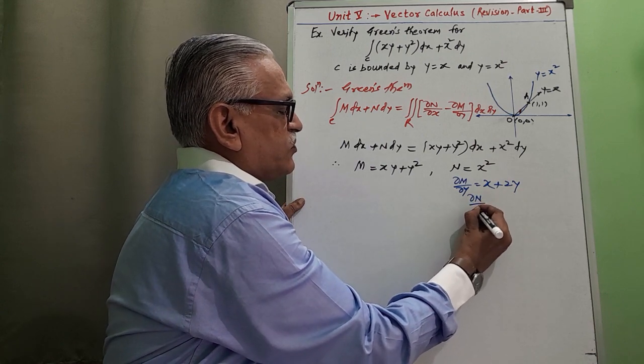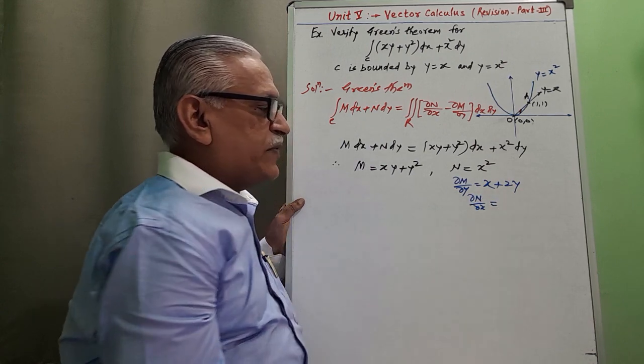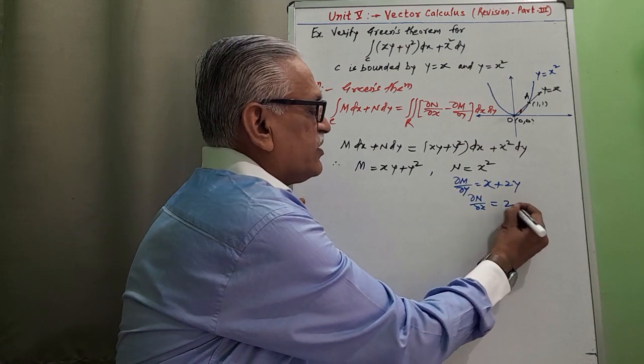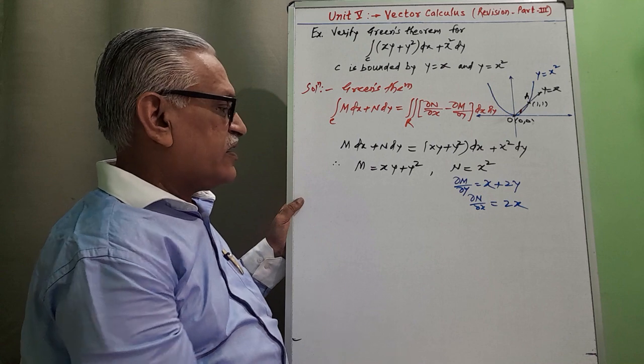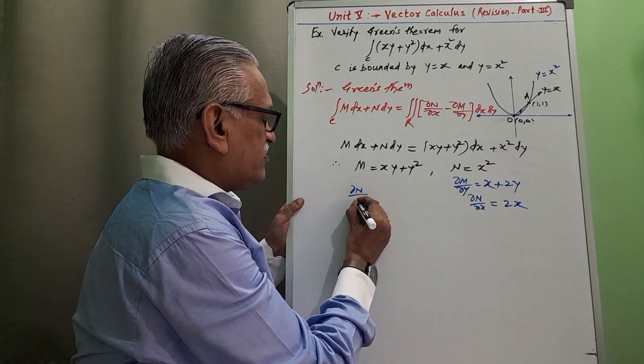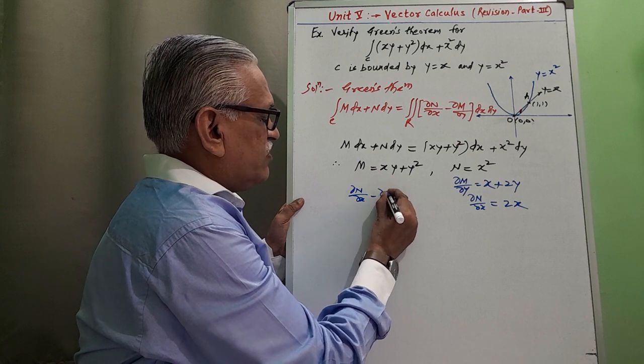Differentiating N with respect to x, keeping y constant, here it is a function of x only. Therefore, its derivative is 2x.